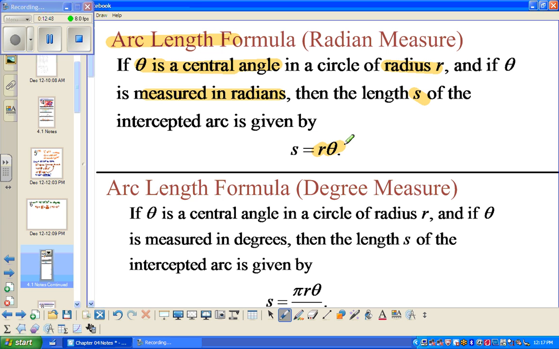So if your central angle is given in radians, you just take that times the radius. That gives you the arc length.